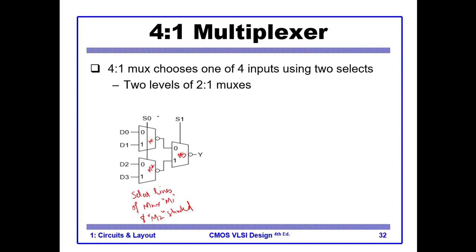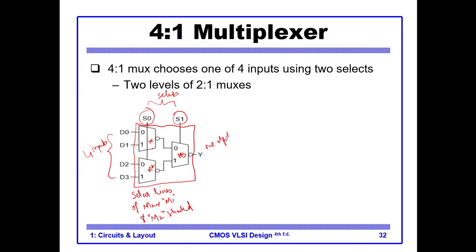So in this way we have two select lines, S1 and S0, and we have 4 inputs: D0, D1, D2, D3. So we have these two select lines, we have 4 inputs, and we have 1 output.